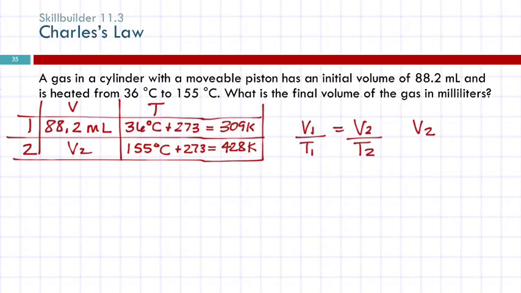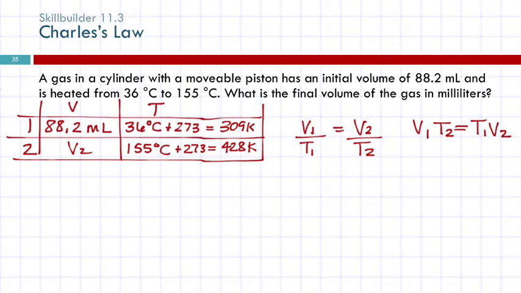So V2 times... See, I screwed that up, didn't I? That's not V1. V1 times T2 is equal to T1 times V2. Very easy to mess that up.